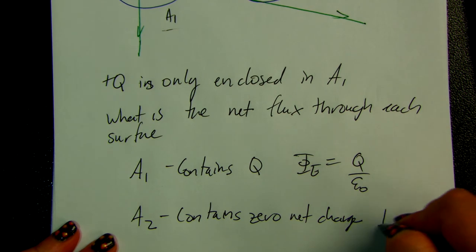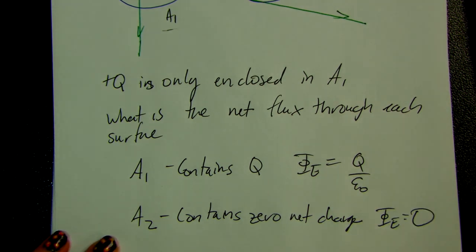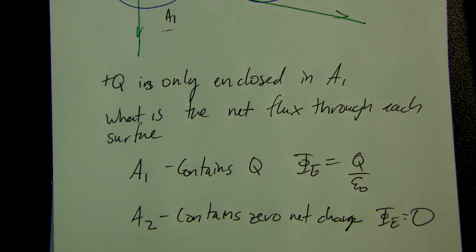So therefore, the flux is equal to 0. If there's no charge inside, then the flux is 0. Flux is about the charge inside, not field lines going through an area from an external charge.